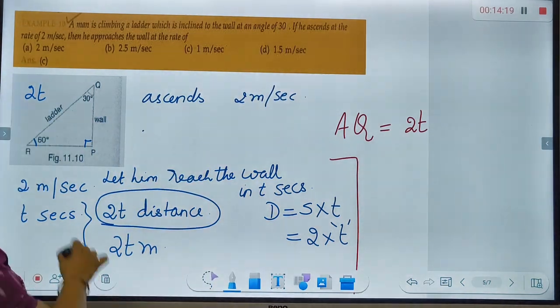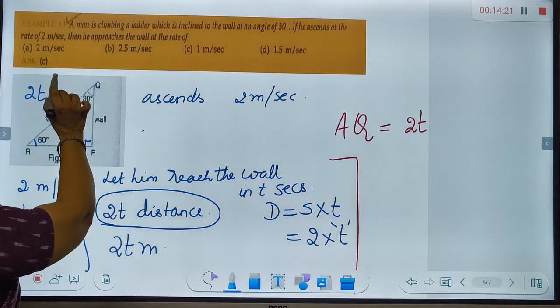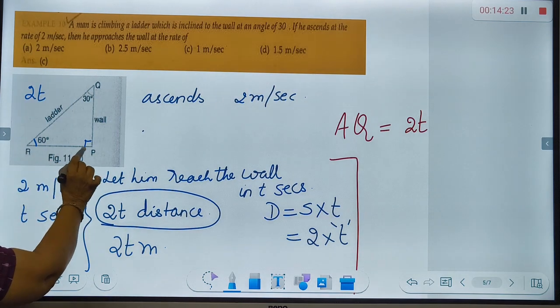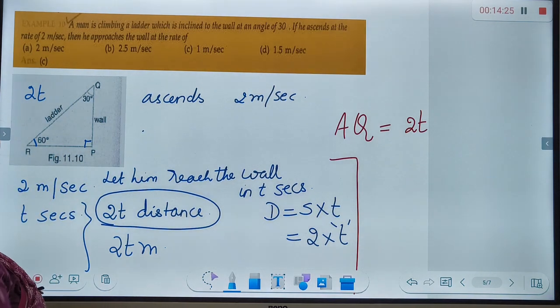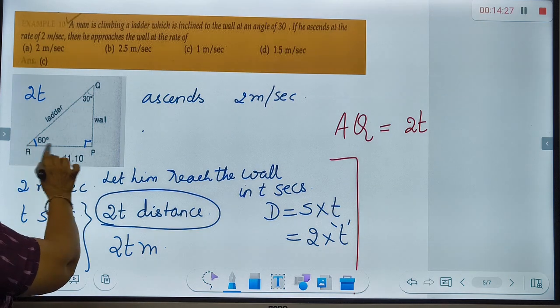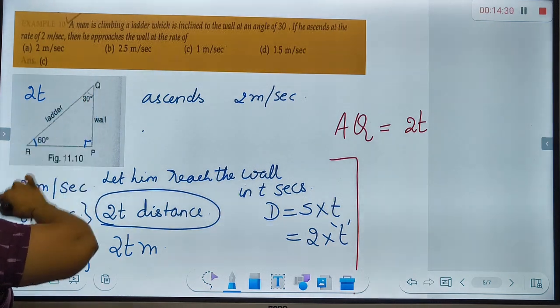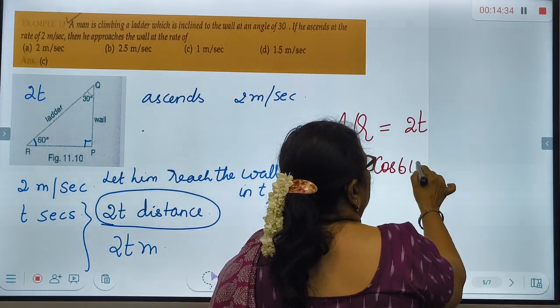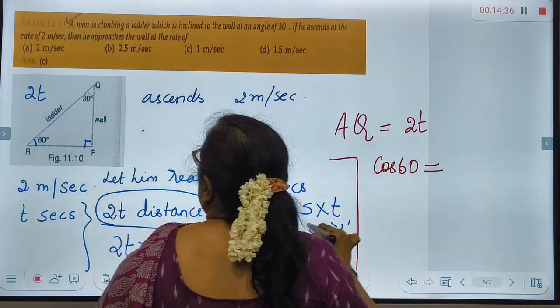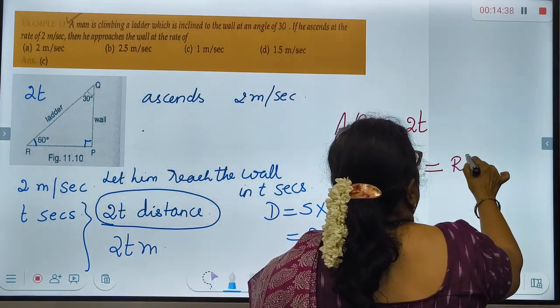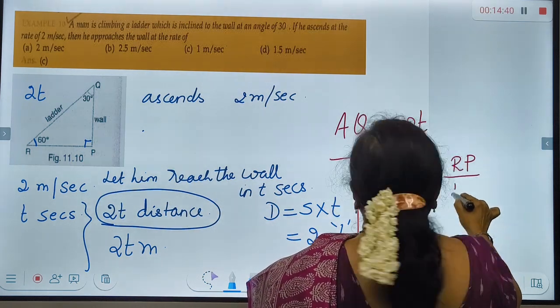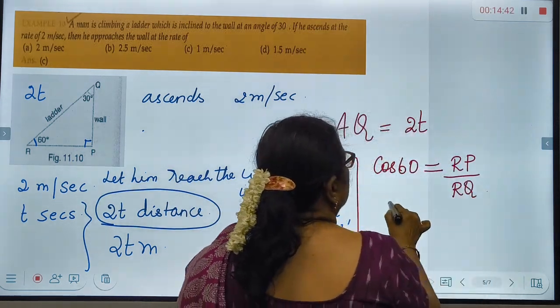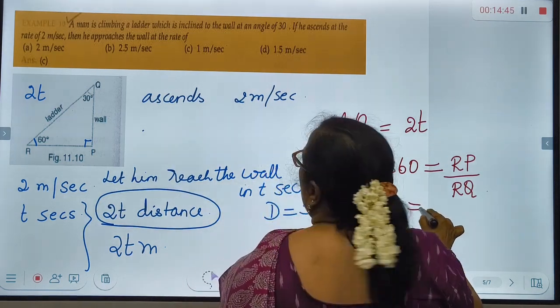What is it that we need to find? We need to find the rate at which he approaches the wall. We want to find AP. What is the relationship between AP and AQ? It is the cos function. So cos 60 is equal to RP by RQ. Cos 60 is half.